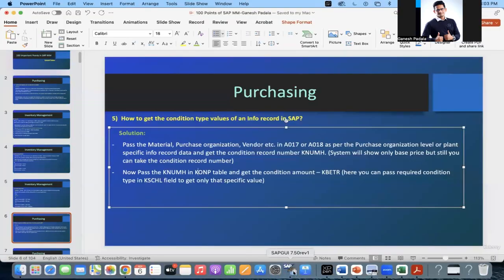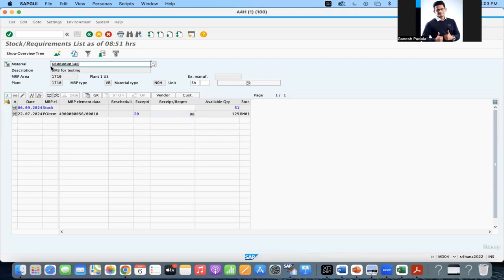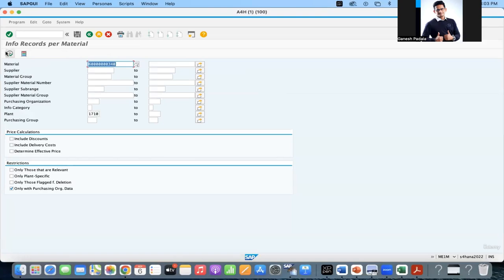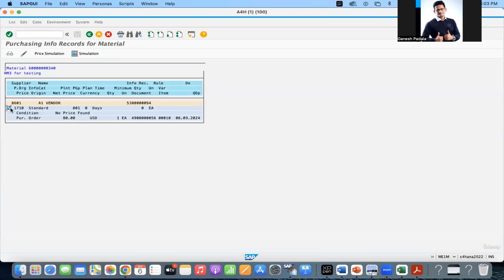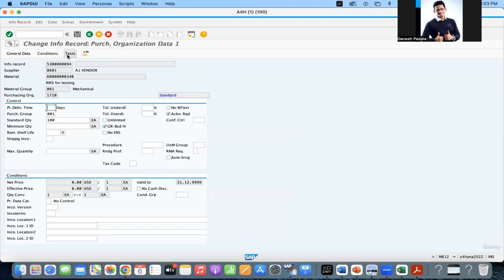Let us go to the system. This needs the SAP system, which will give you a better idea also. /n ME1M. And let us check the info record. So go to conditions, planned delivery time 10 days.